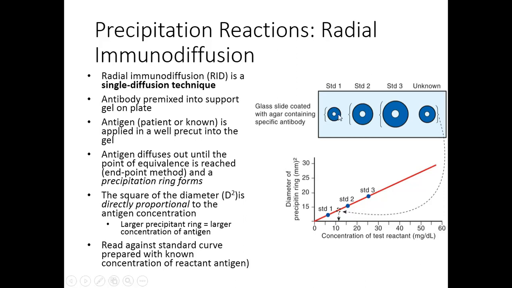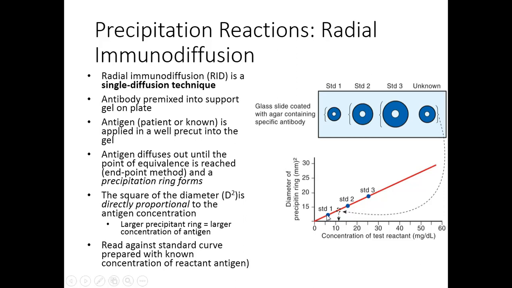So this was a low level, and if you look, standard 1 had a concentration of 7 milligrams per deciliter. Standard 2 had a concentration of roughly 15 milligrams per deciliter, and standard 3 had a concentration of roughly 25 milligrams per deciliter. And the diameter squared of the precipitation ring, in millimeters squared, they measured it.